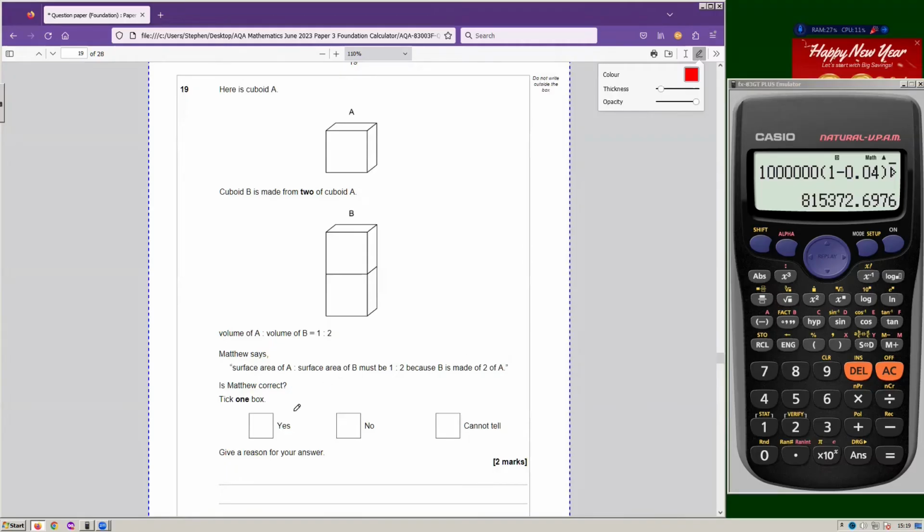Is Matthew correct? No, because he said must be. It means it's got to be always the case. So I'm going to say no and give a reason for your answer. Because if you had a cuboid like this and you make 2 of them, you're missing out this very big area here.